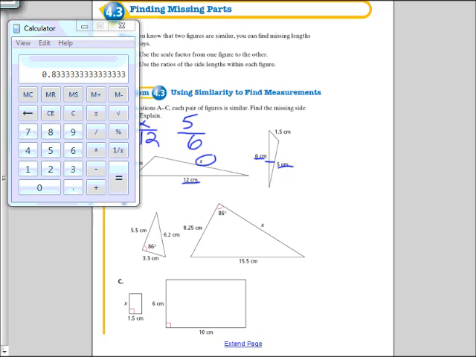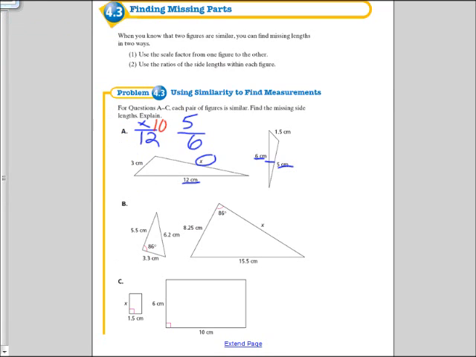So what I can do with that is multiply that times 12, and I get my answer, 10. Again, what I did was I divided this first to get 0.83 repeating, and then I multiplied that times my denominator to find my missing number.